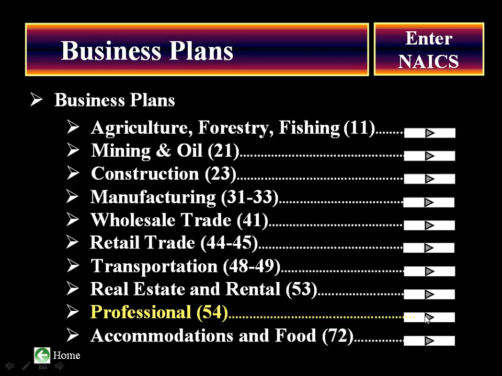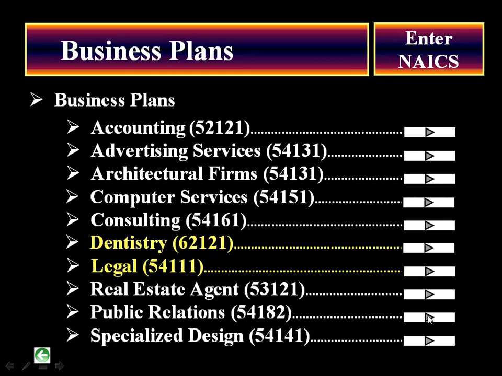The highlighted one in yellow here is number 54, which is a code that's assigned to it through the North American classification system. When you go into professional, you'll be presented with a wide range of different types of professional businesses. And this will correspond exactly to that NAICS for tracking purposes.